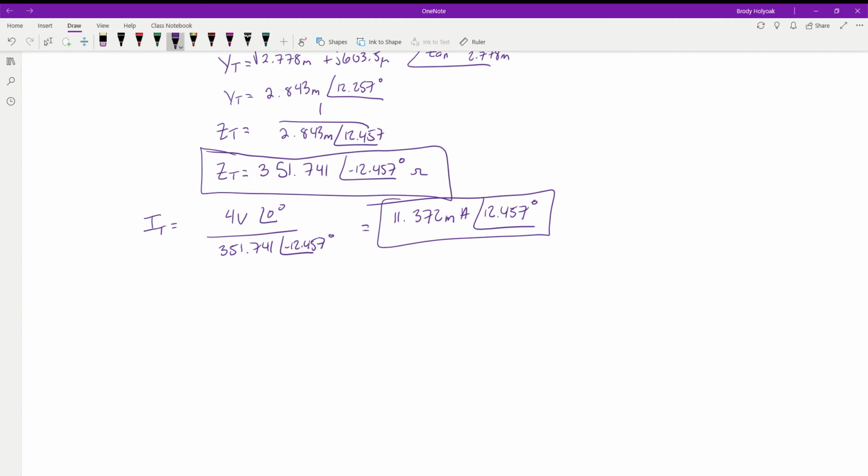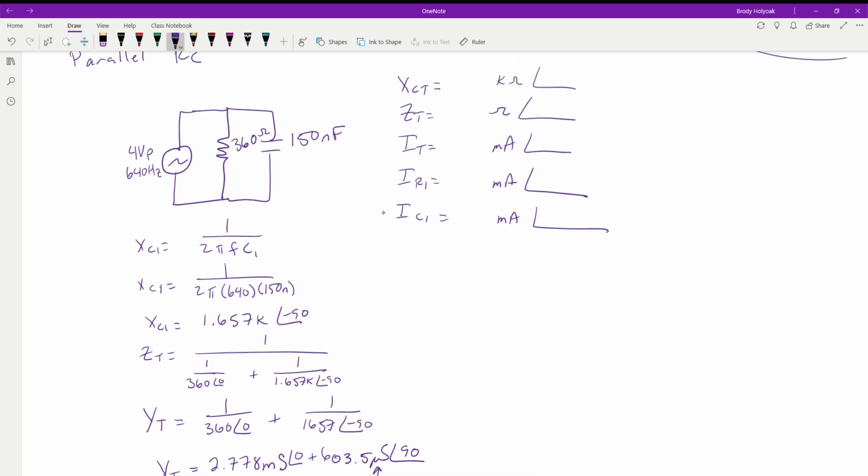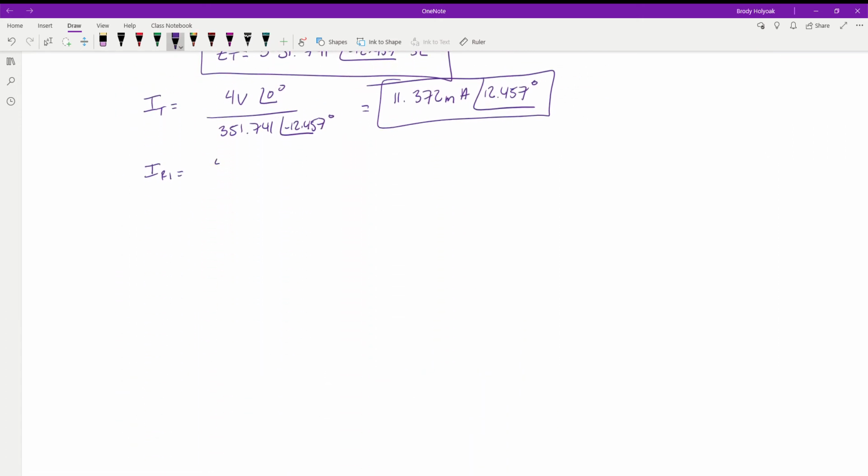Now, we want to look at the currents for the other components. The current for R1 is equal to voltage divided by resistance. These are in parallel, so both have access to the 4 volts. They're not going to split it up in any way. So we go to our 4 volts at 0 and divide that by our 360 ohms at 0, and that is going to give us 11.111 milliamps at 0 degrees.